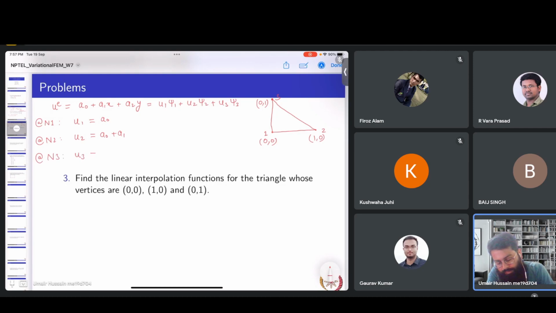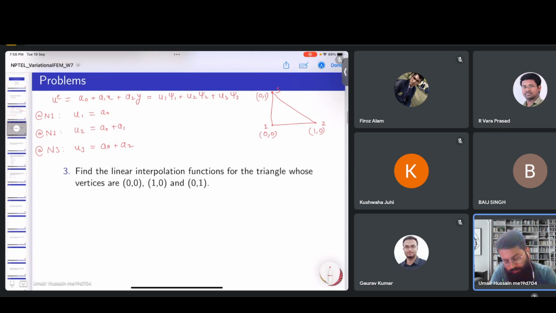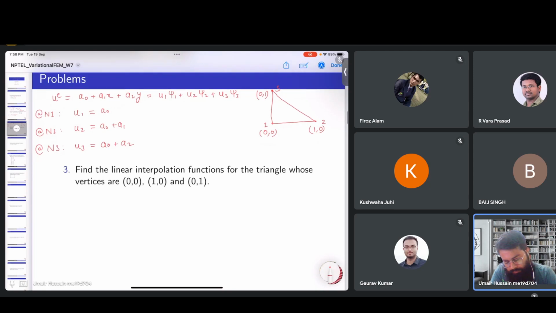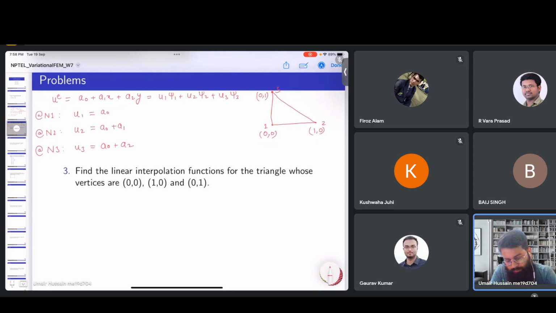We have u3 here, and we have a0 plus a2, right? So a0, a1, a2 are unknowns here.